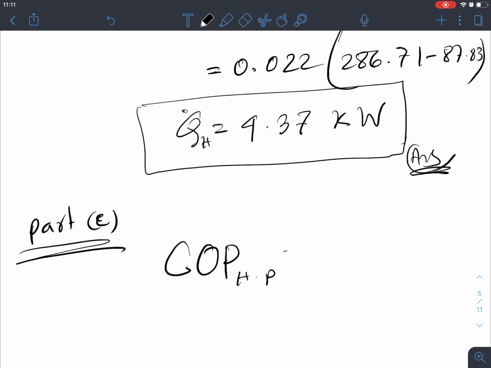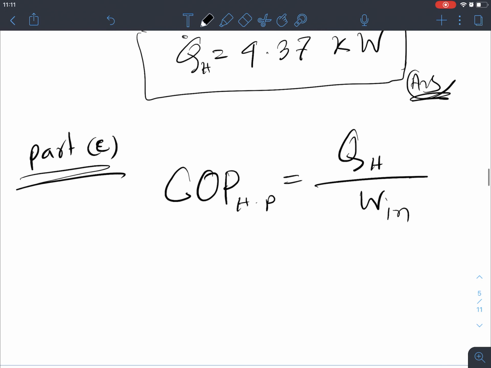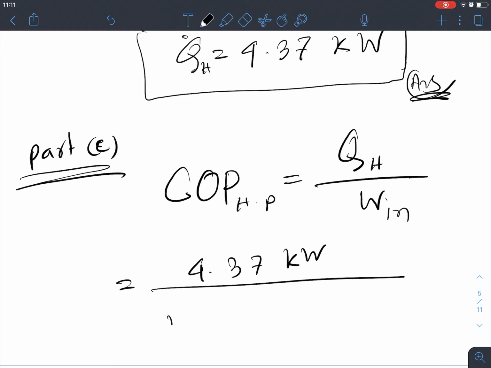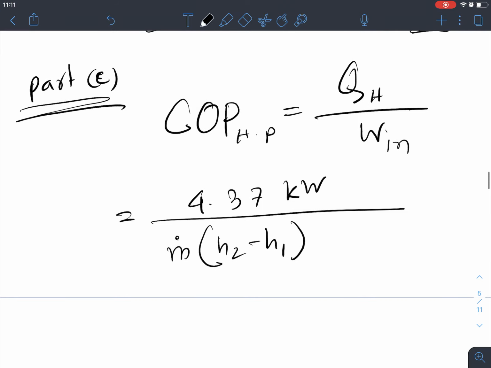Coefficient of performance of the heat pump is nothing but heating effect divided by W in, right? So heating effect we got 4.37 kilowatt, right? And W in is mass flow times H2 minus H1, which is the compressor, right?